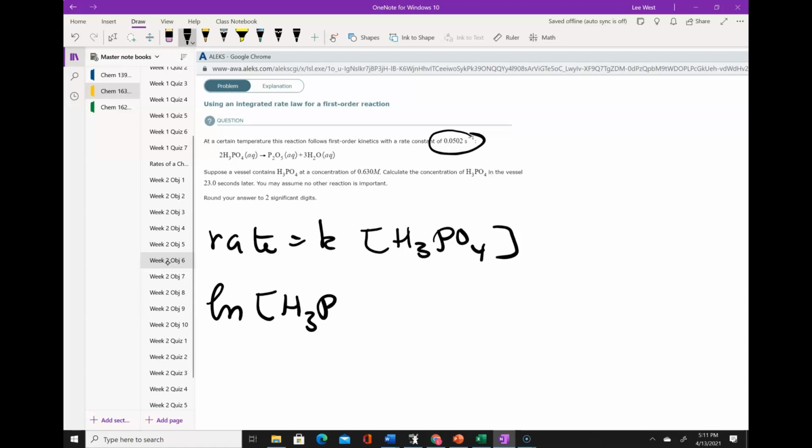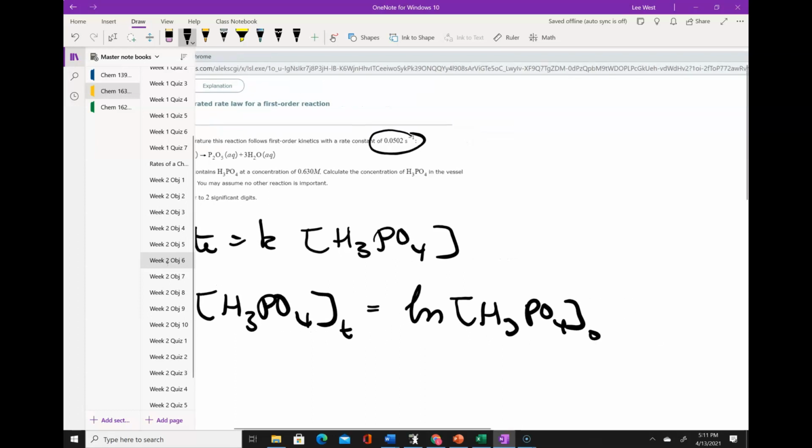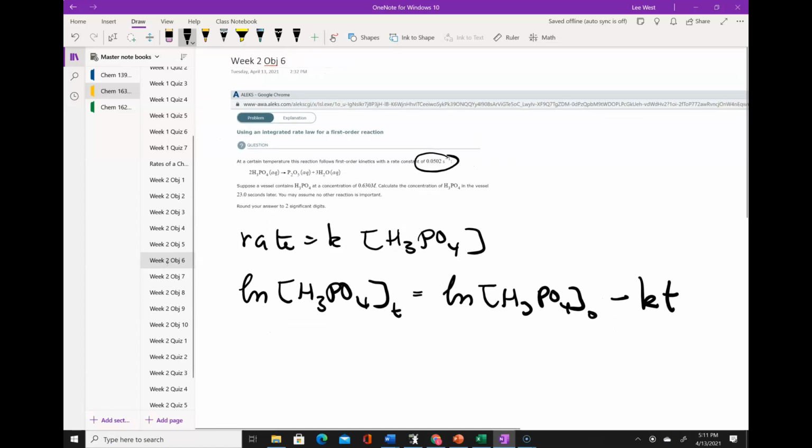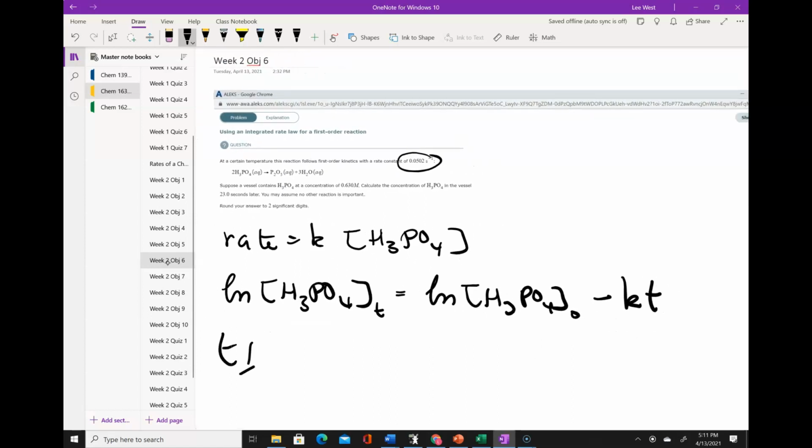So for a first order process, the log of phosphoric acid at time t is equal to the log of the phosphoric acid originally minus kt, and we also know that t1/2 is equal to log 2 on k. So that's all of the key relationships that we might need.